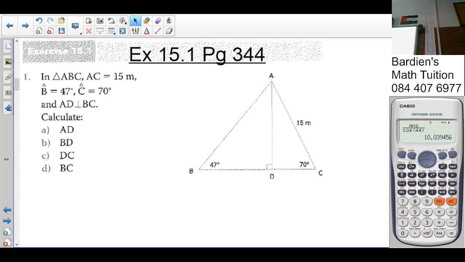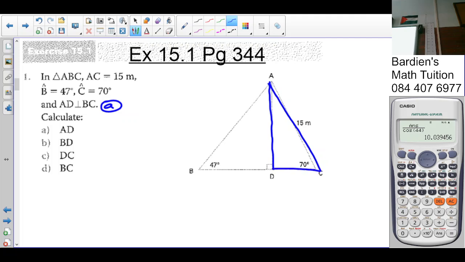AD is this length here. So which triangle do you think we're going to work in? Is it ADB or ADC? Why ADC? Because you have more information in ADC than we have in ADB.